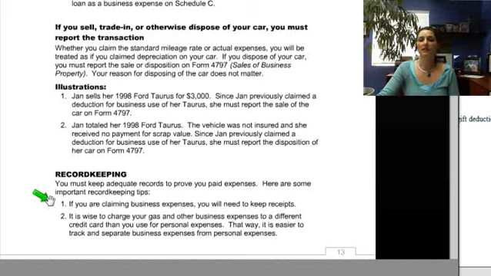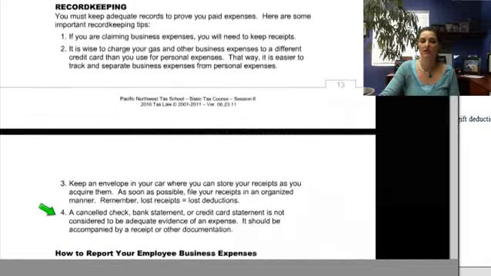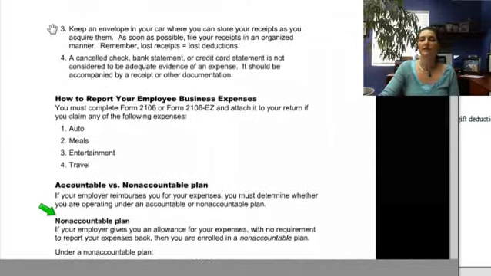If you are claiming business expenses, you will need to keep records. It is wise to charge your gas and other business expenses to a different credit card than the credit card that you use for personal expenses. This way, it is easier to track and separate business expenses from your personal expenses. One idea I give to clients is to keep an envelope in your car where you can store your receipts as you acquire them.